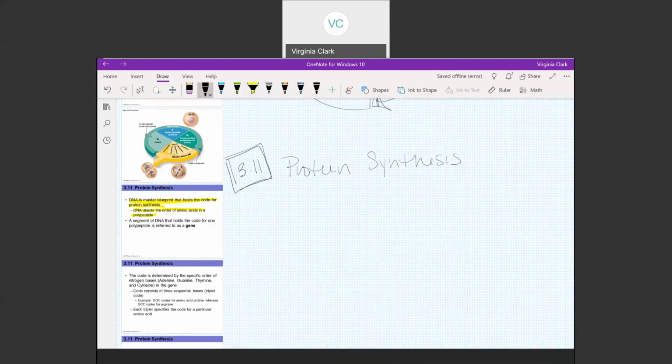Okay, so in the world of the protein, here are some common terms we're going to talk about. A gene. When we're talking about a gene, it is the DNA that codes for one polypeptide. So one string of proteins. Here's my amino acid, amino acid, amino acid, amino acid.